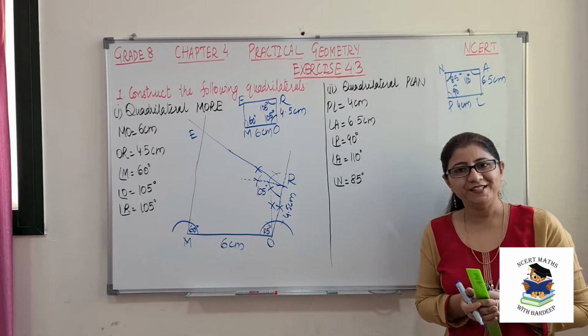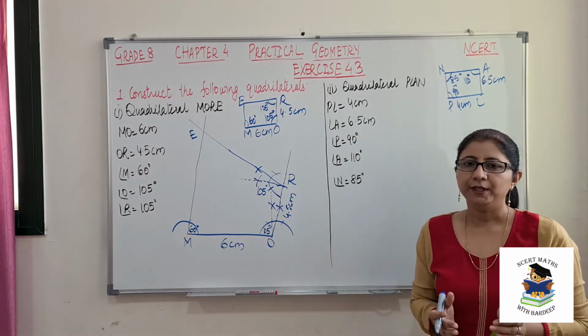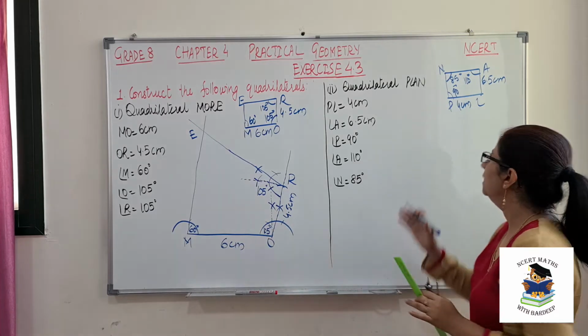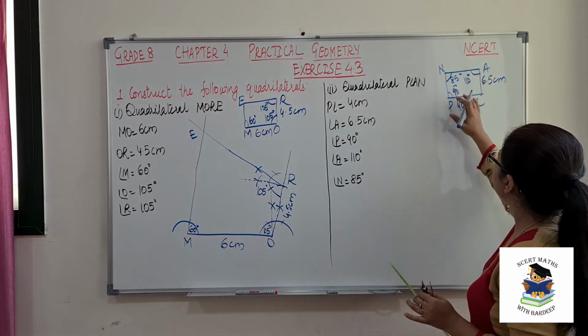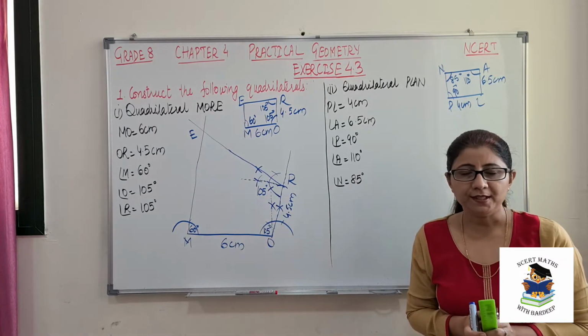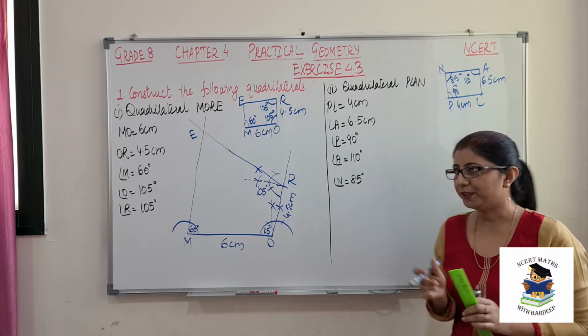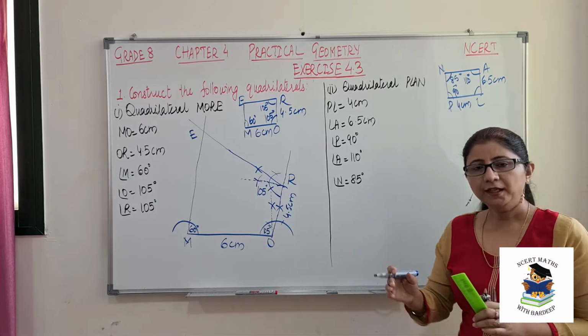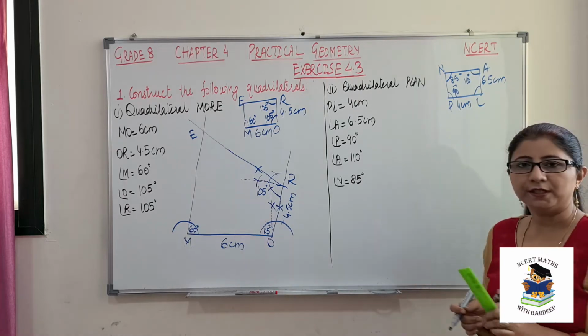So what to do in this case? As you already know, the sum of the angles of a quadrilateral is 360 degree, and out of 360 three angles are given, so we will add them, subtract from 360 and you will get the fourth angle. First we will calculate our angle L and then we can start with construction.